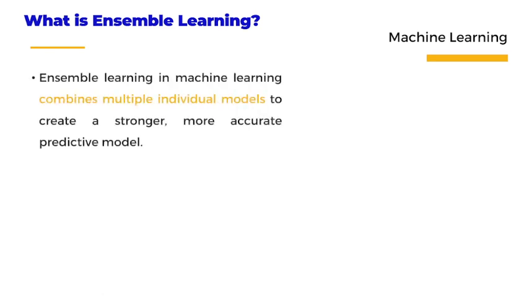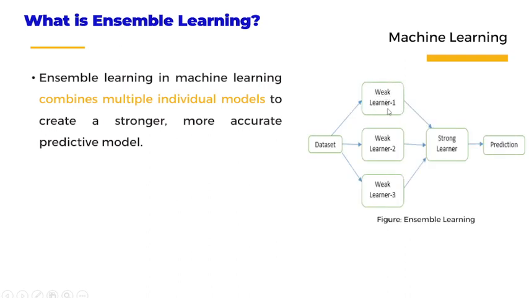So what is ensemble learning? Ensemble learning in machine learning combines multiple models to create a stronger, more accurate predictive model. Here we are combining multiple weak learners to make a strong learner, and that strong learner gives more accurate predictions.